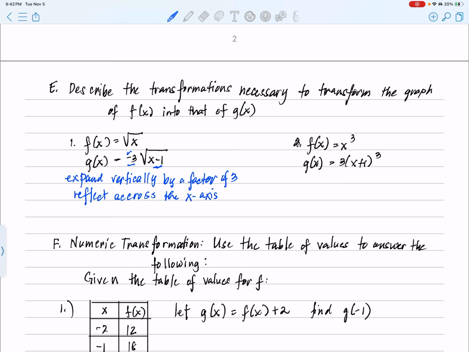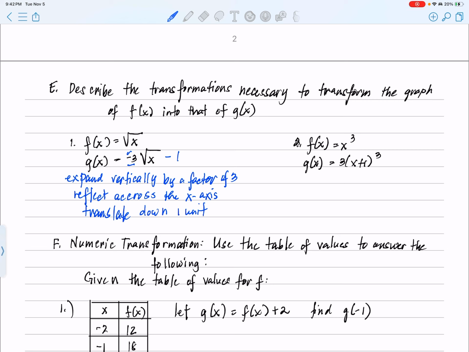This is supposed to be square root of x because that's the parent function. And then there is a minus 1 outside. So that minus 1, it translates down, vertically down, 1 unit. Okay? Let's do the description of the other one.